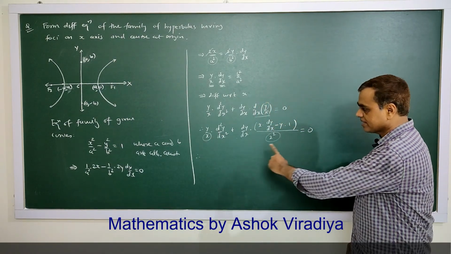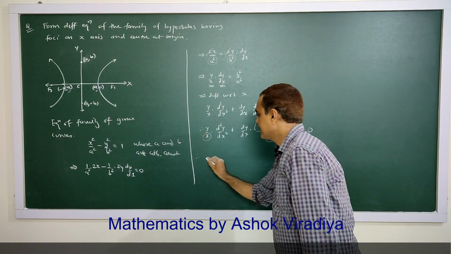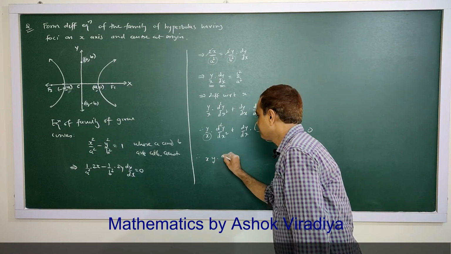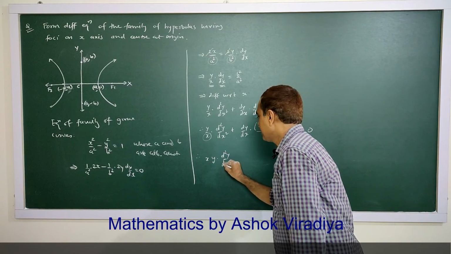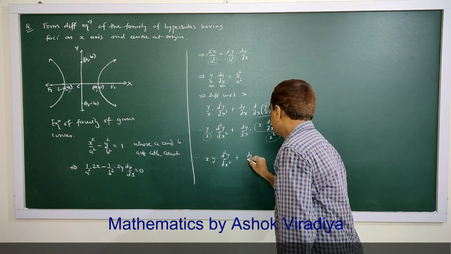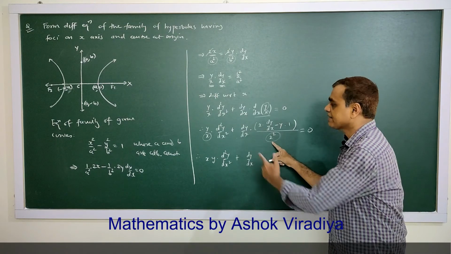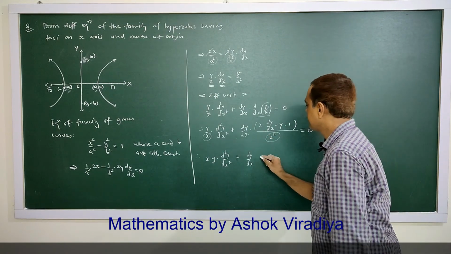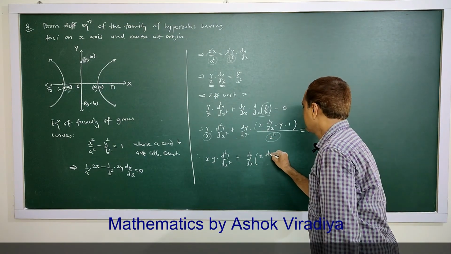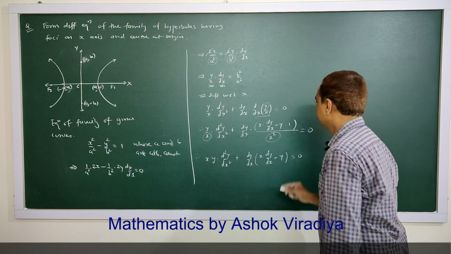So multiplying this equation by x square upon x, that is x into y d square y by dx square plus dy by dx, this x square will be cancelled when multiplying with x square, so dy by dx into x dy by dx minus y is 0.